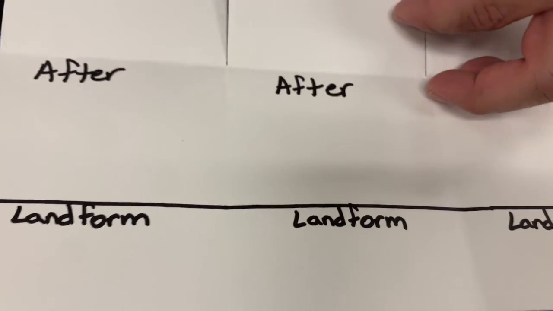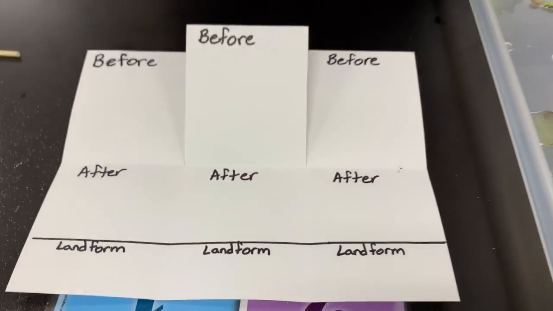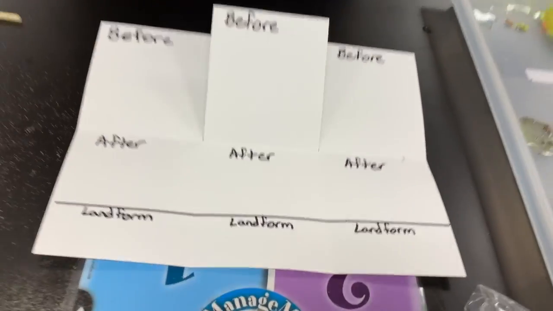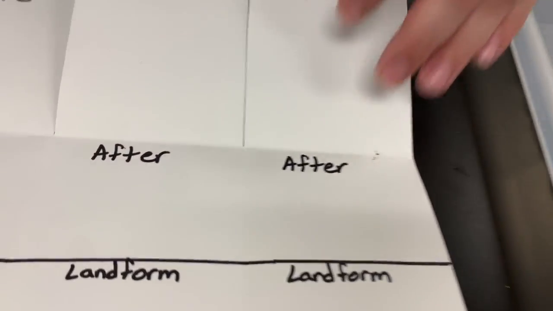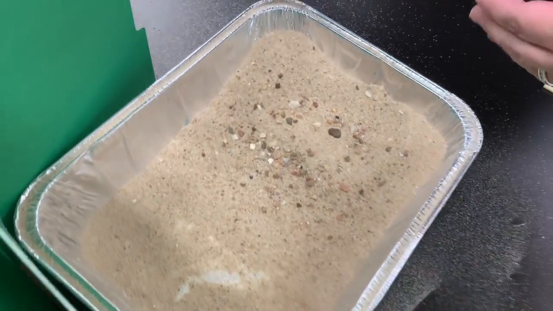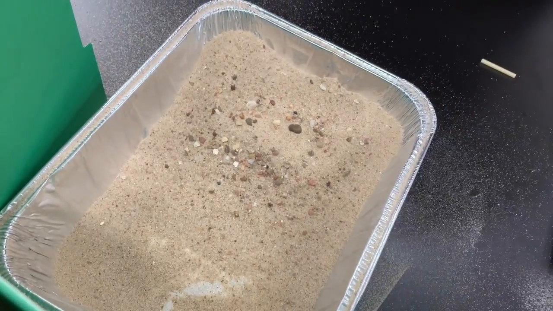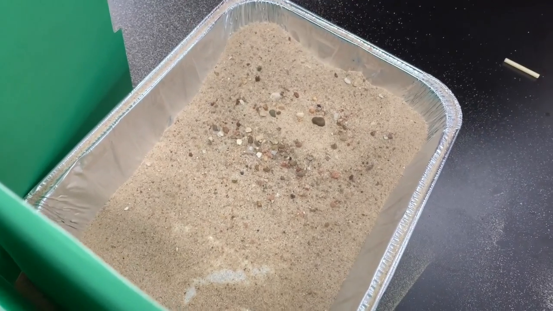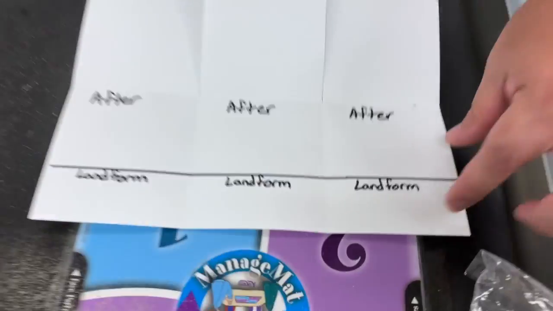Our water, fast flowing movement of water, created our V-shaped valley, our river. Our wind, a force of nature, an agent of erosion, blew the sand into another part of the pan, creating a different sand dune. A landform can be a sand dune.